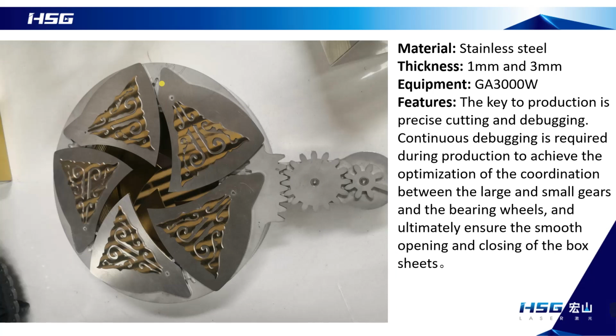The key of its manufacture is precise cutting and debugging. It needs constant debugging to realize the coordination between big and small gears and the optimization of bearings. All we have to do is control one of these pinions, and we can control the opening and closing of this big fan.